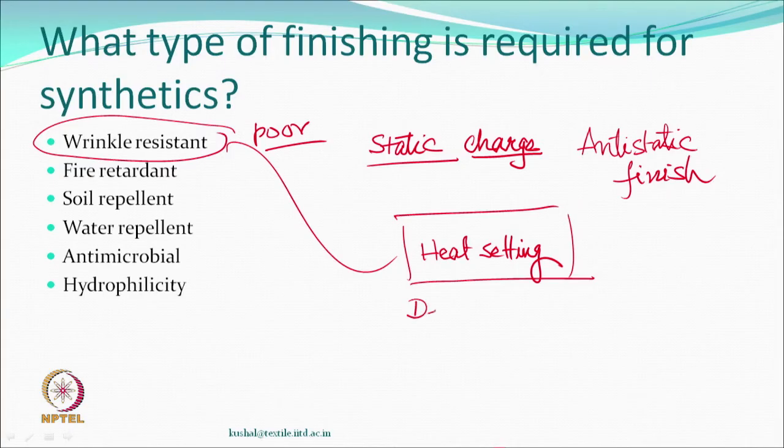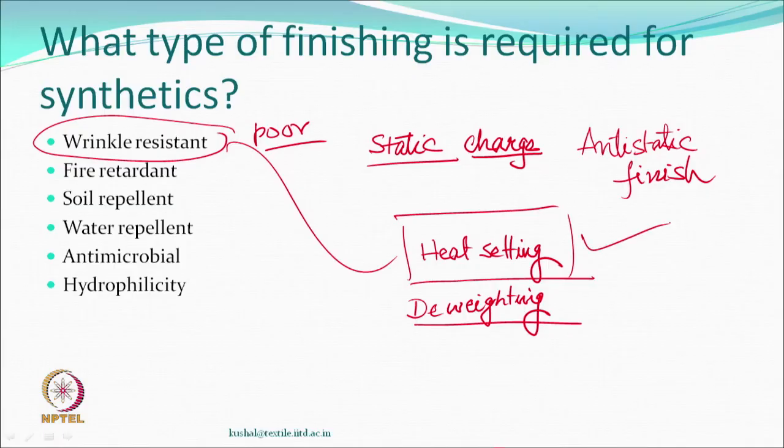No. Any other insect resistant treatment? No. There is an interesting thing people sometimes do, which is called de-weighting. De-weighting obviously means removing weight. So, for some nice applications you may require it.